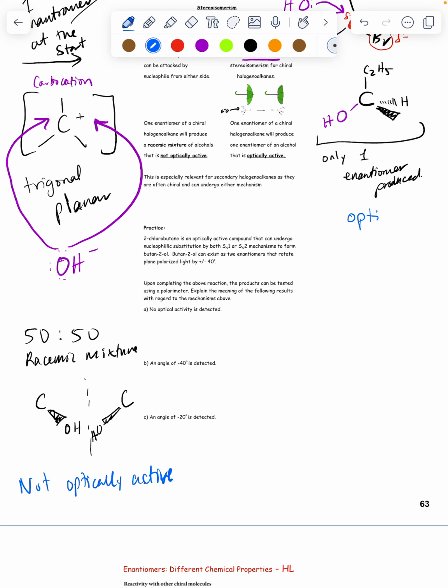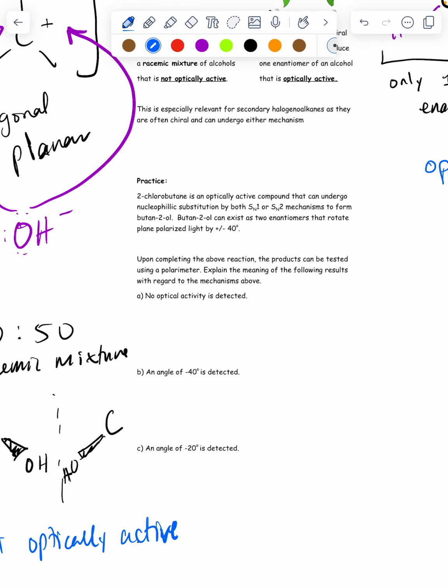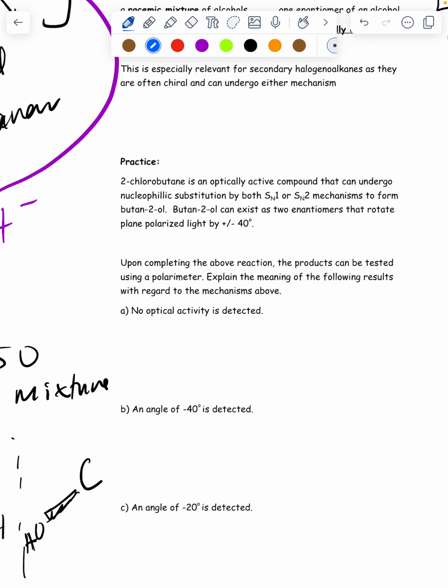Whereas when we just have one, it is optically active, and we'll get the full rotation of the plane polarized light by a particular angle in a particular direction. So in this example, it says you've got the two enantiomers of butanol that can be formed, and they rotate light by plus or minus 40 degrees. So they could rotate the light 40 degrees this way, or they could rotate the light 40 degrees that way.